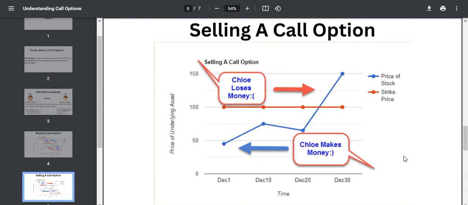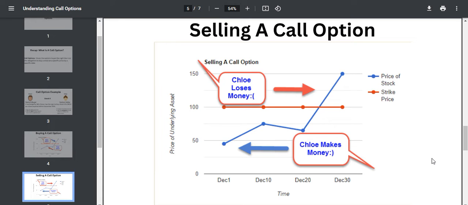Obviously, if stock X doesn't rise above $100 per share and Simon just lets the option expire worthless, Chloe makes money and she will walk away with a nice $15 premium that she collected in her pocket.